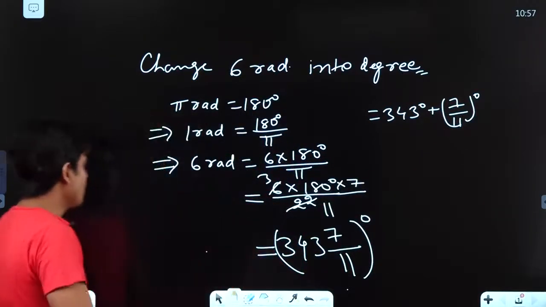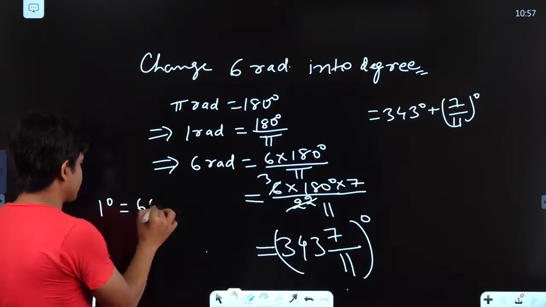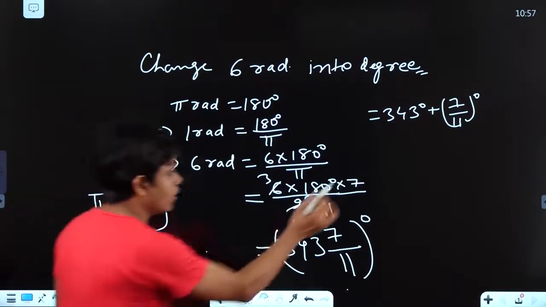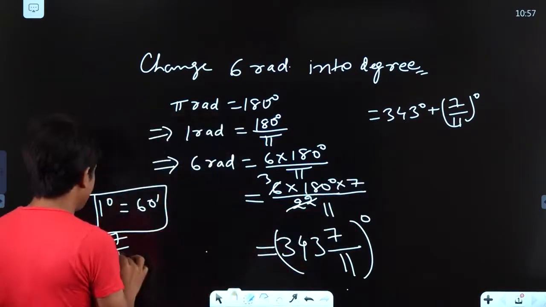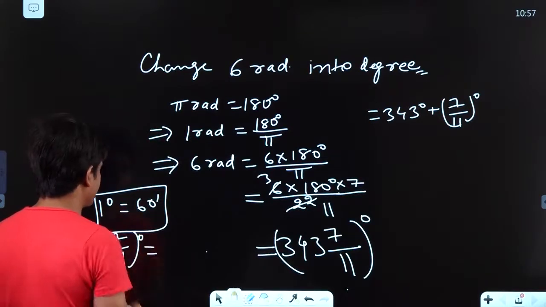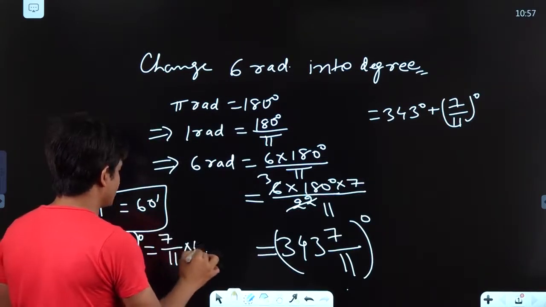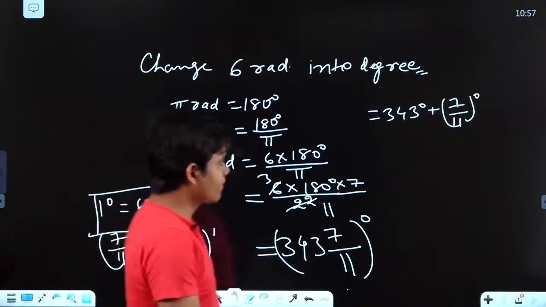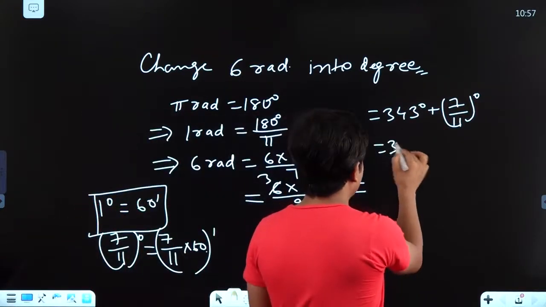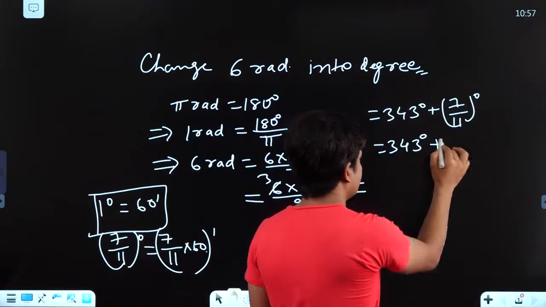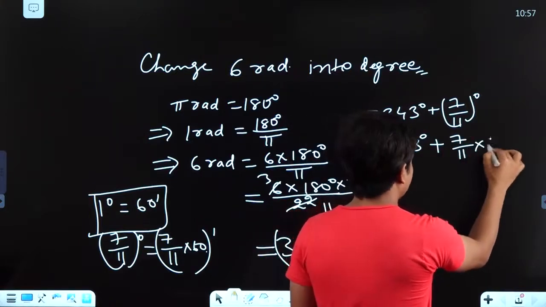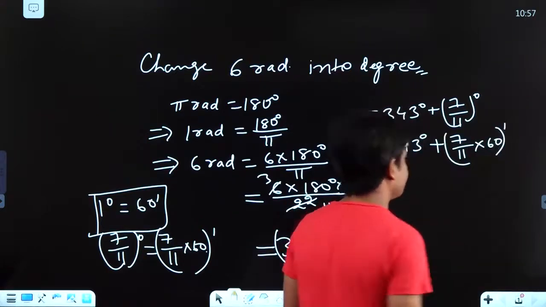And we know 1 degree is equals to 60 minutes. Therefore, 7 by 11 degree will be equals to 7 by 11 into 60 minutes. So this will be 343 degree plus 7 by 11 into 60 minutes.